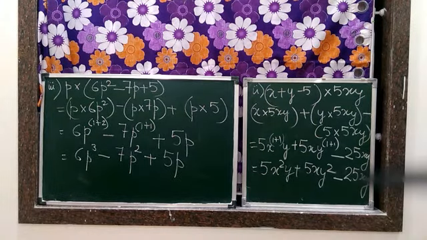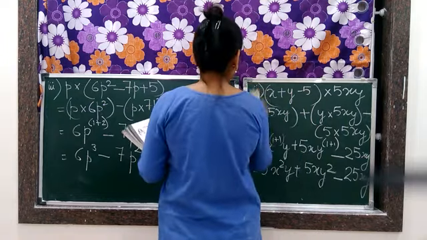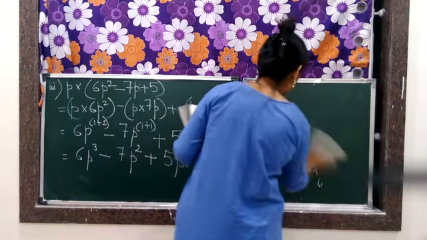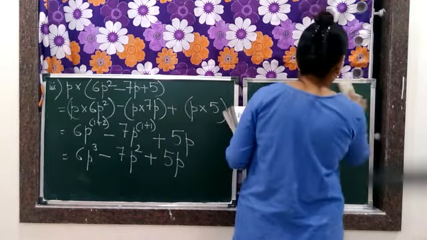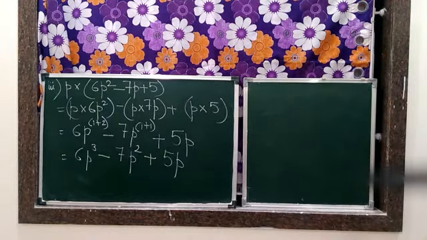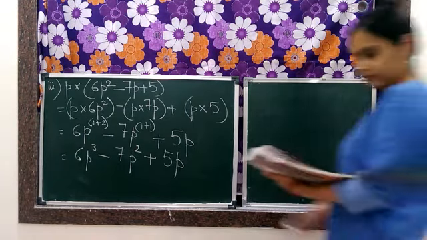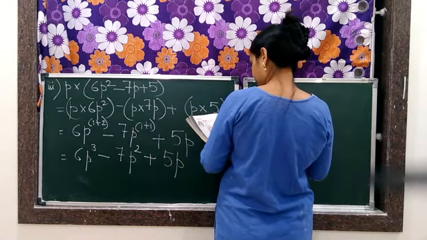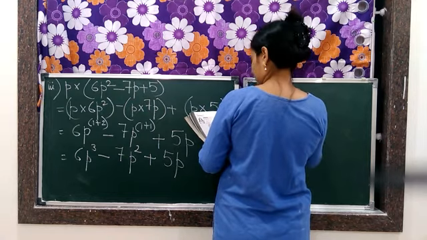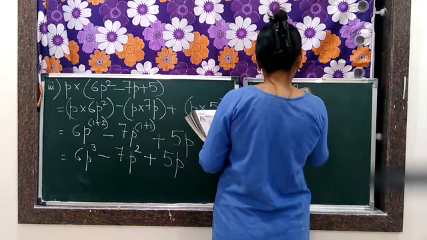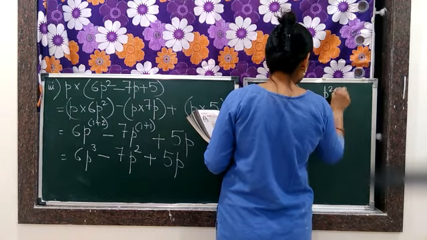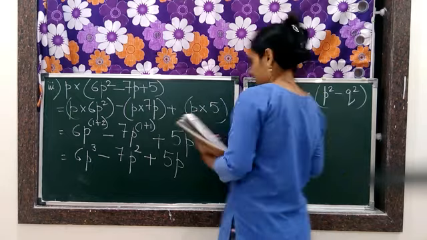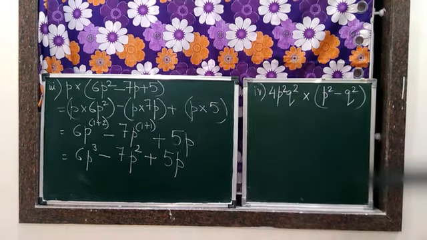Now we are going to continue with the fourth one. You can see a monomial and a binomial.